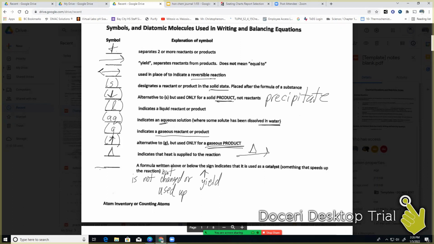So let's say I said something like MnO2, manganese oxide, and it was written above the arrow like that, that would show that it was a catalyst. It's not going to be written as a reactant. It's not going to be written as a product because it hasn't changed.